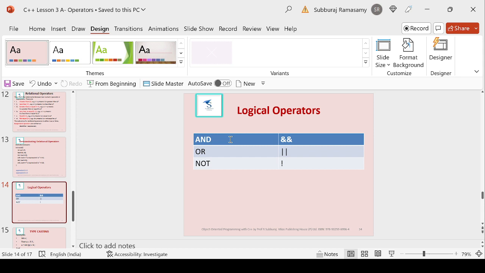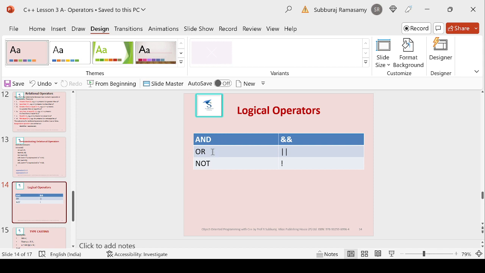If x is true and y is false, x AND y is false. Looking at the truth table, x AND y will be equal to 1 only when both x and y are true.